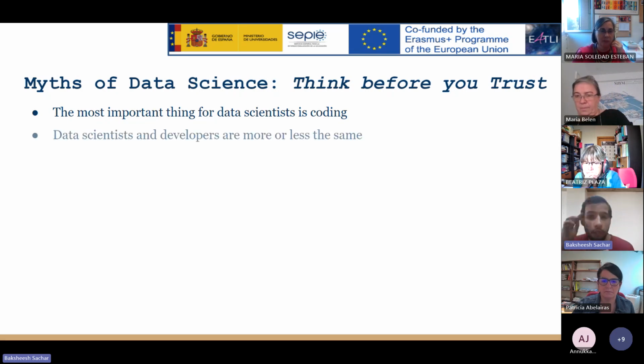Next, another myth is that people think data scientists and developers are more or less the same. Developers have a very different role from data scientists. Developers work behind the data scientist or behind the code, so that the machine, so that Python, knows that this means this, because Python is also a language invented by humans so that other humans can use it.